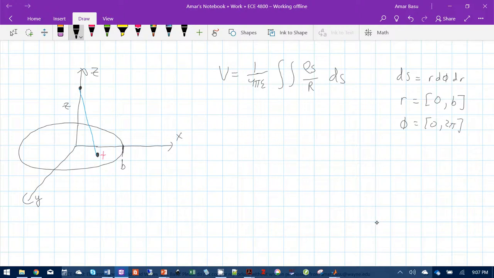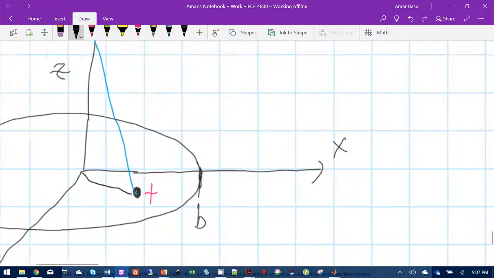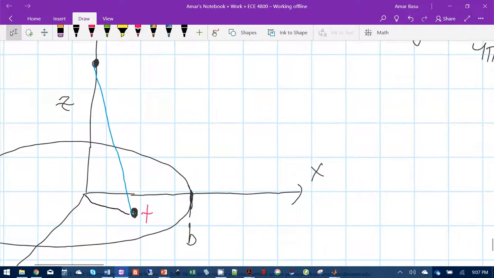So we can draw our little triangle here like this. This is obviously a right triangle. The distance here is z. The distance here is r. And so what's the distance from the observation point to the charge?